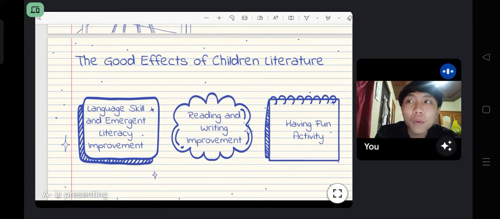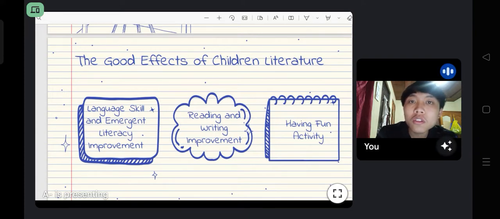So the second one is reading and writing improvement. Of course, when we are talking about literary work, the activities involved are reading and writing. When we read literary works, our reading skills will be improved, and young learners will find it easier to understand further literary works that they will read in the future.